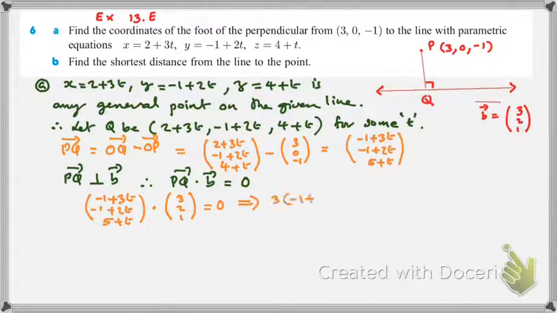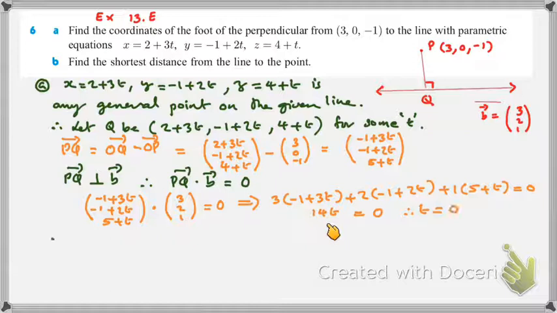So this is equal to 0. Then I open the bracket and simplify: -3 + 9t, -2 + 4t, and then 5 + t. I add up all the t terms together, which gives me 14t, and the numbers cancel. You could check it: -3 and -2 is -5, and +5 cancels.